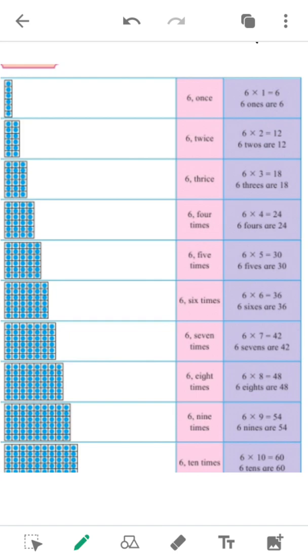So 6 threes are 18. Same as it is. 6 fours are 24. 6 fives are 30. 6 sixes are 36. 6 sevens are 42. 6 eights are 48. 6 nines are 54. 6 tens are 60.